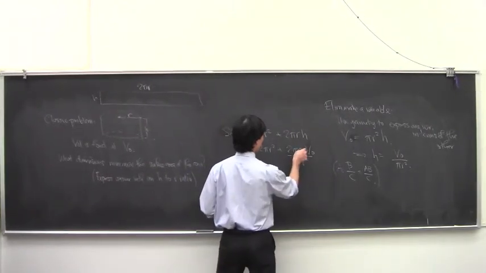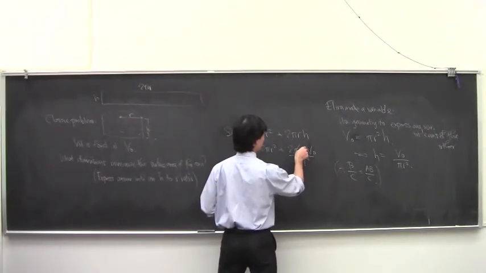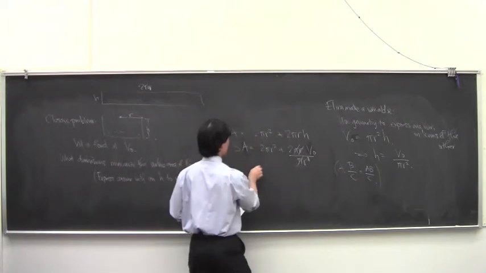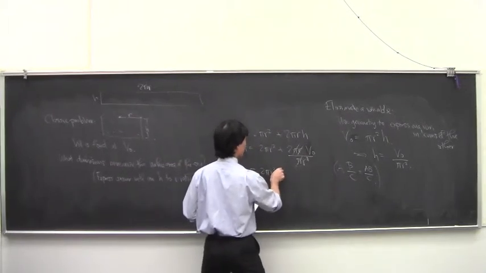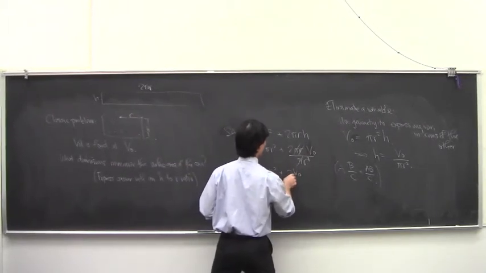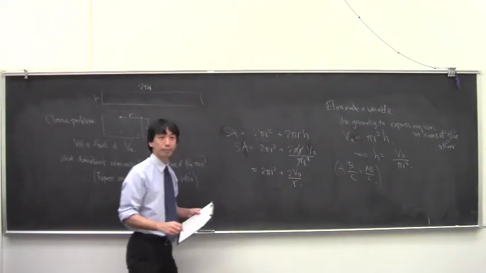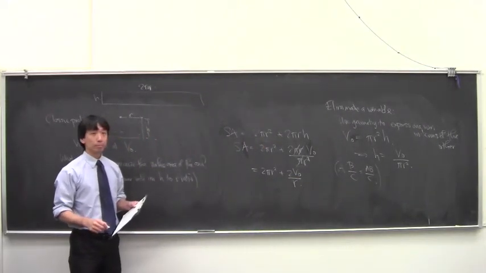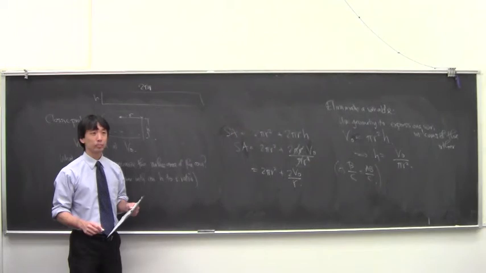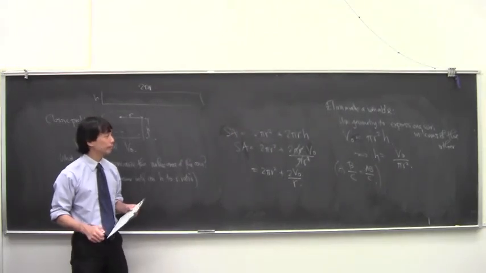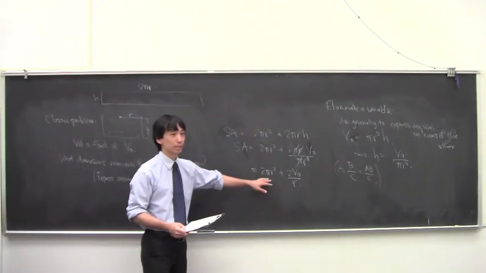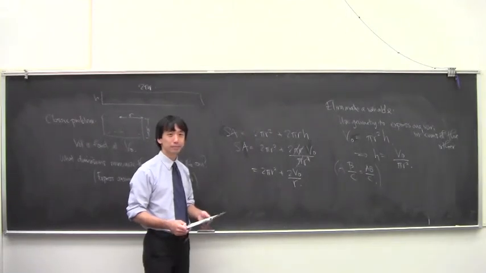So then you see that the pi's cancel out, one of the r's cancels out. You get 2 pi r squared plus 2 v naught over r.